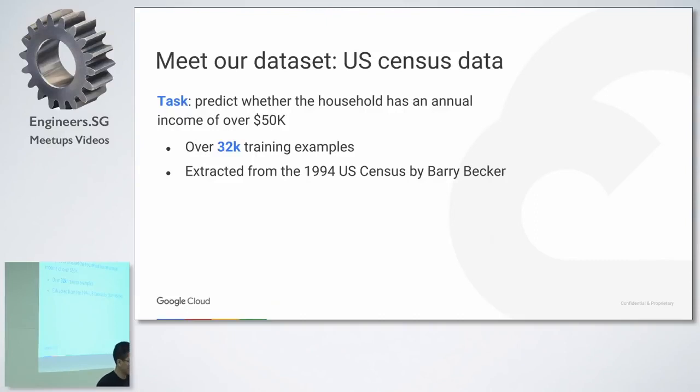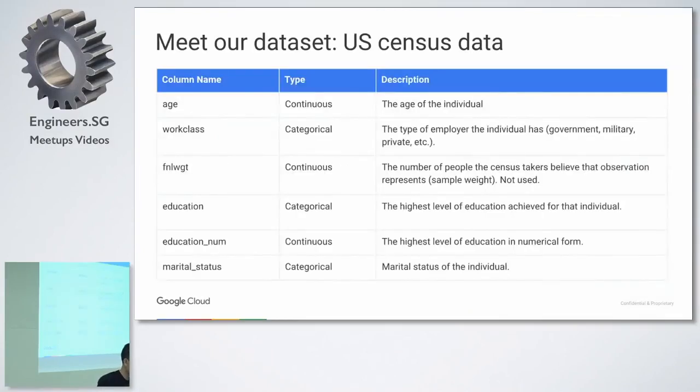It's census data, the 1994 census. It's become somewhat of a classic data set. It's not the hardest data set in the world, and it also is small enough to fit into memory. It's easy enough to run on your local machine, and the task is simply to decide, given socioeconomic data, whether a given household has income of above or below $50,000.